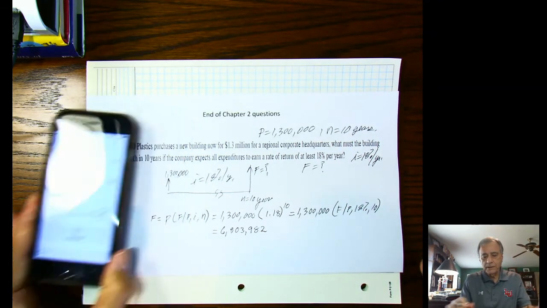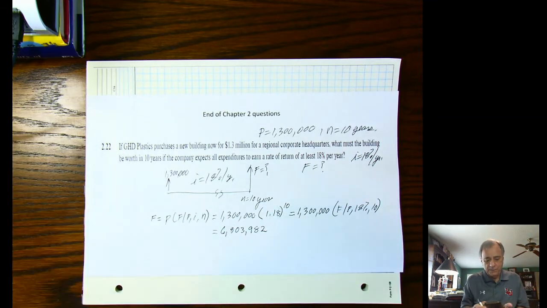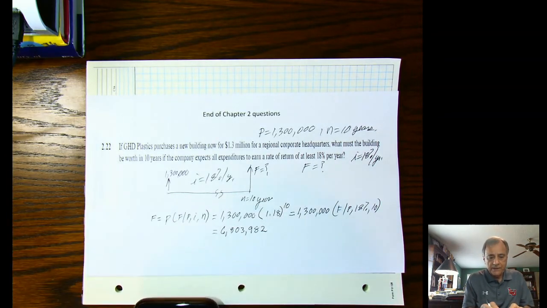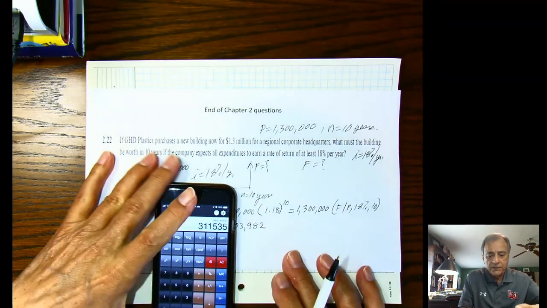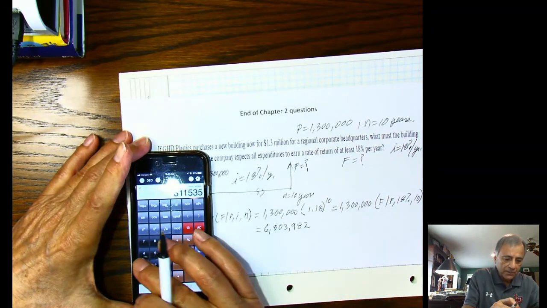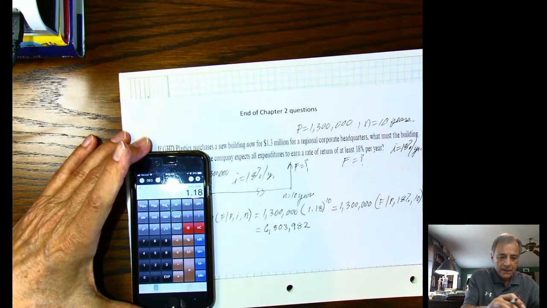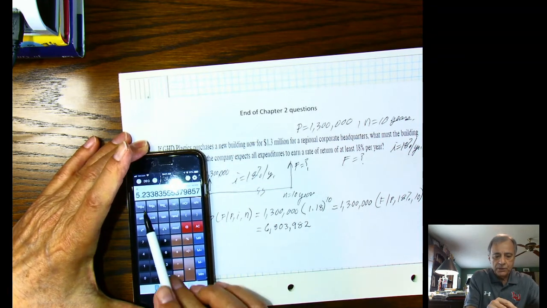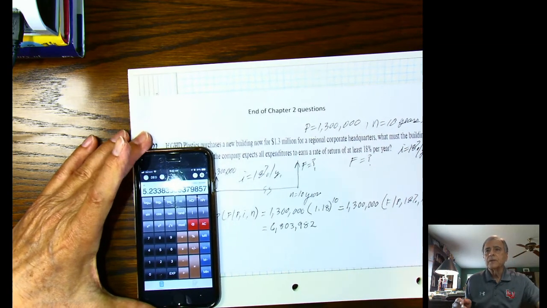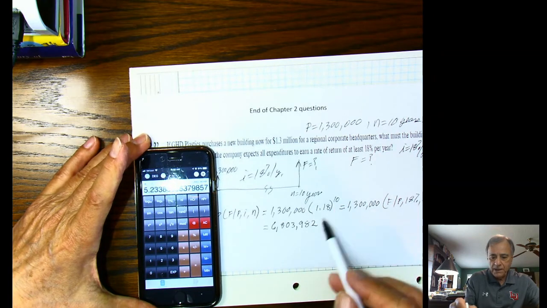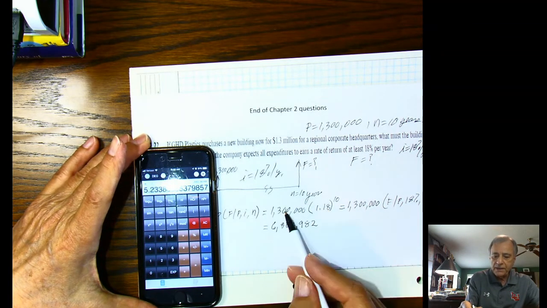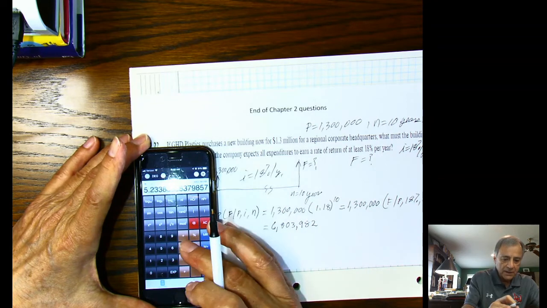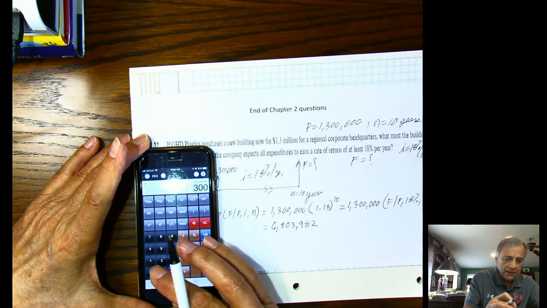Okay, let's do this calculation just to be sure. So I'm going to go back to the calculator. I have the calculator on my cell phone as well, and I'm going to go to 1.18 and raise that to the 10th power. That's 5.23, etc. It's going to be 5 times this number. So I'll multiply this times 1,300,000.